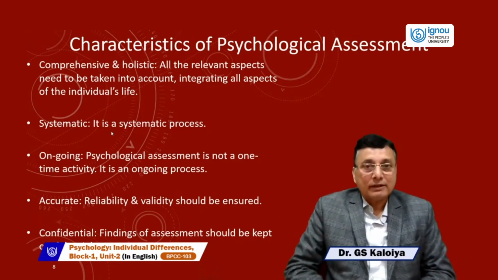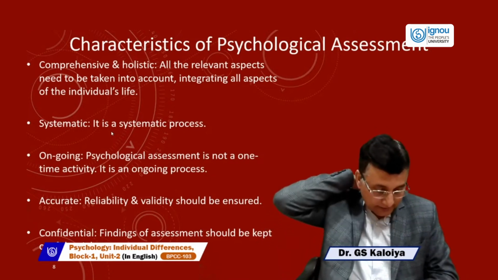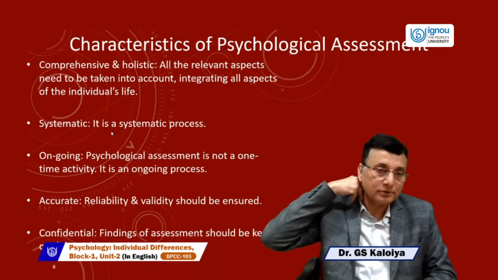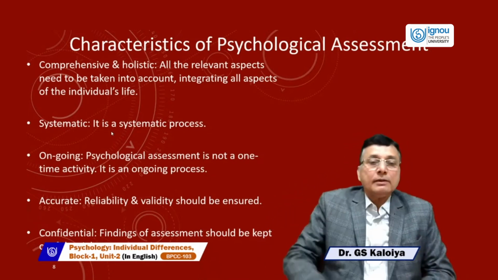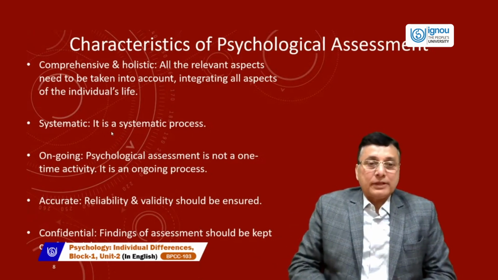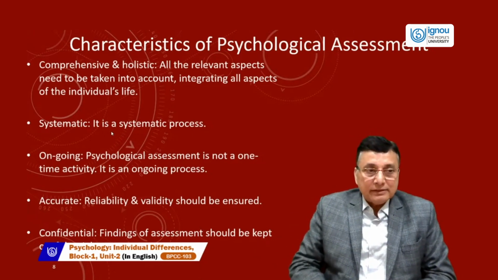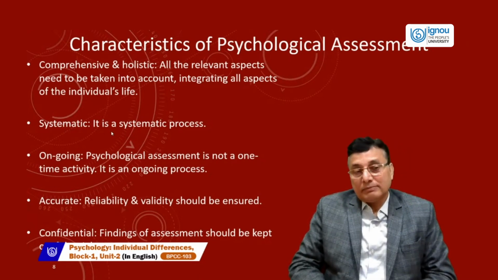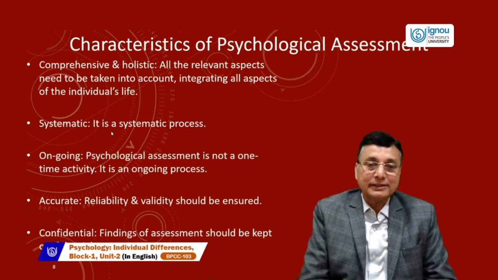Then all psychological assessments are systematic. It's not done in a haphazard manner. There is a system, a systematic process, and you have to follow that process. Ongoing: psychological assessment is not a one-time activity, it is an ongoing process. Once you have assessed, you can't think it's over.